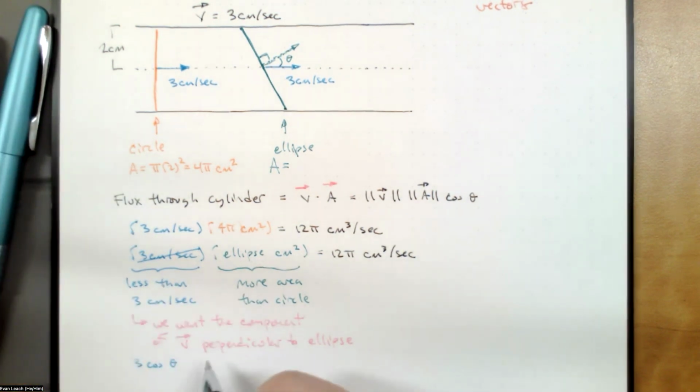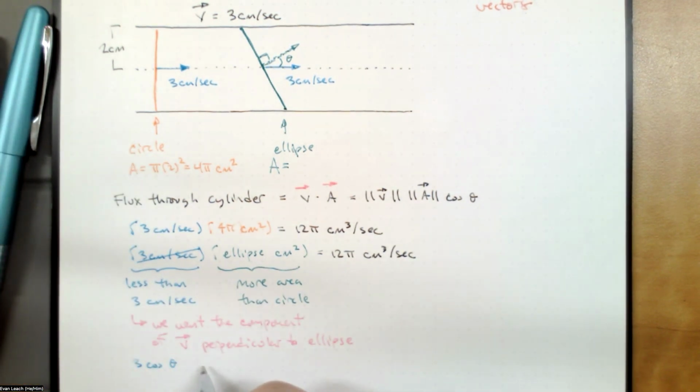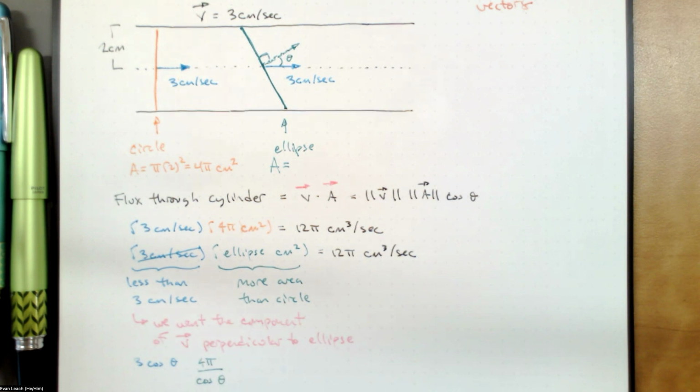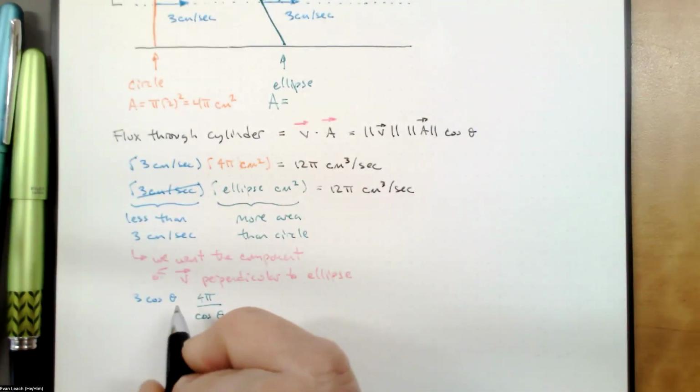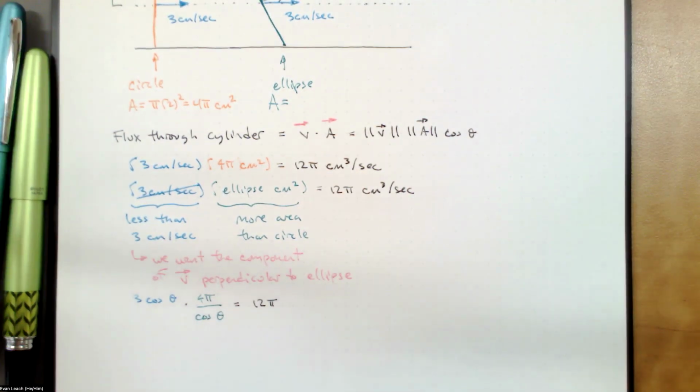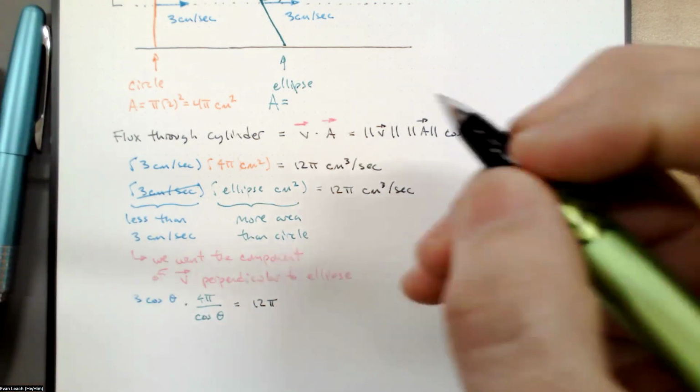And so the area of the ellipse is going to be the area of the circle divided by the cosine of theta, because the result still has to be 12 pi cubic centimeters per second. So here's where we find the area of the ellipse is 4 pi times the secant of theta, if I move the cosine up top.